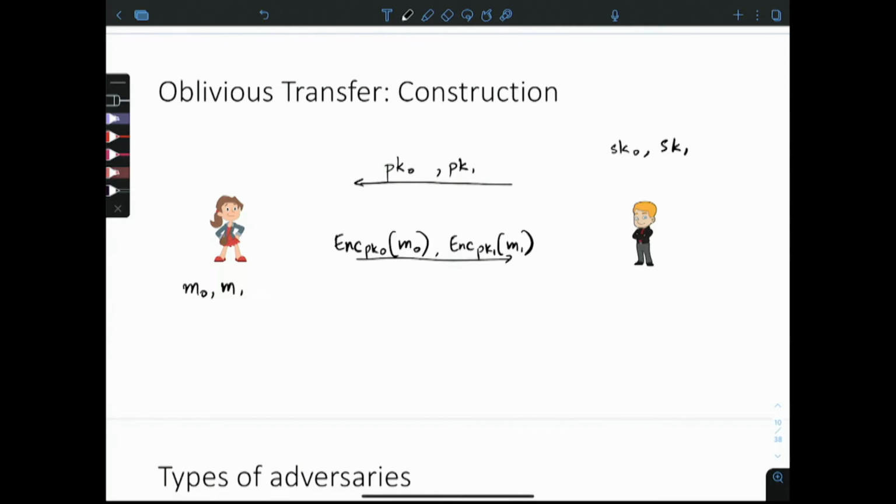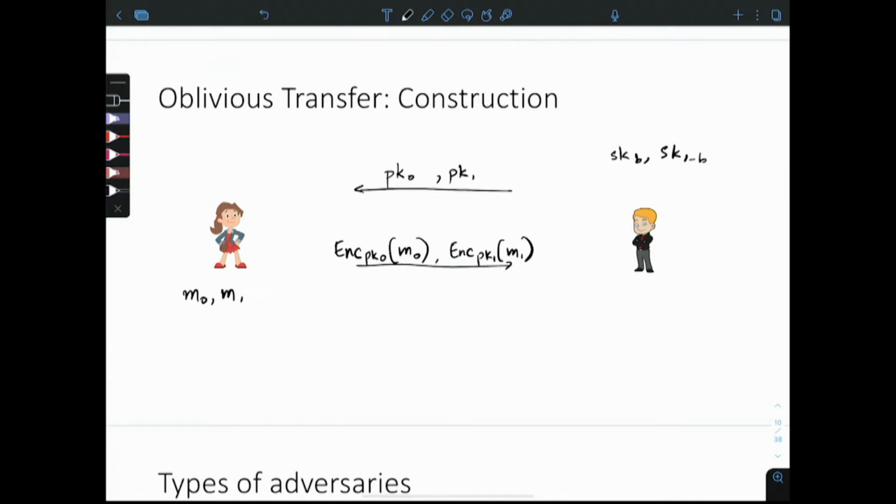Now, suppose Bob were able to sample these 2 public keys in such a way that he only knew one of the secret keys, specifically the bth one, and did not know the other secret key. Then it would be possible to use this type of protocol to build oblivious transfer, because Bob would only know sk_b and would not know sk_(1-b).